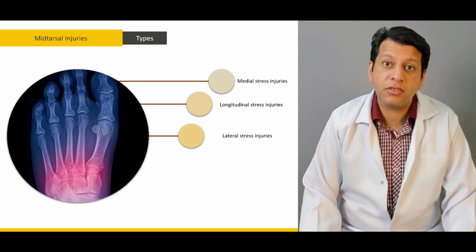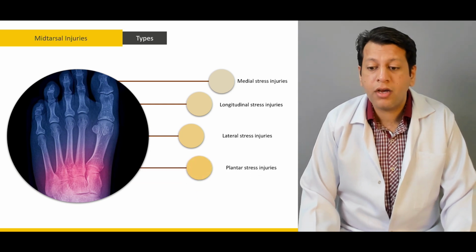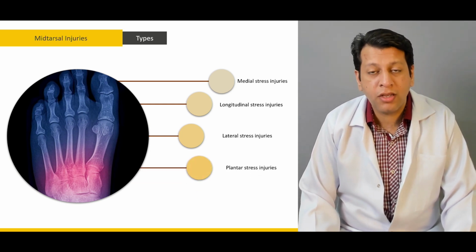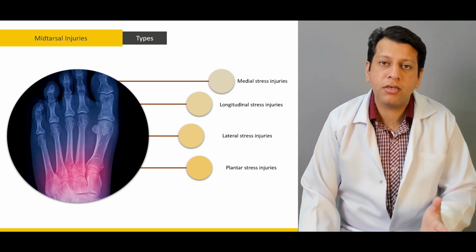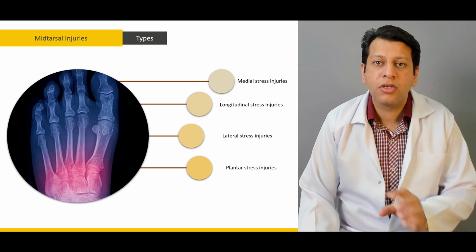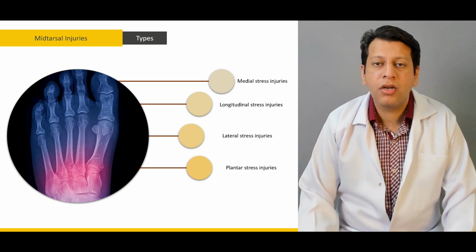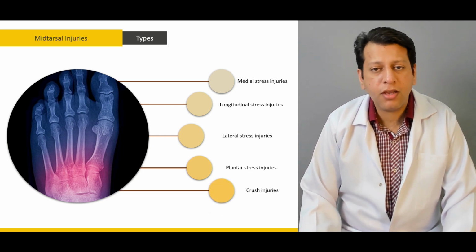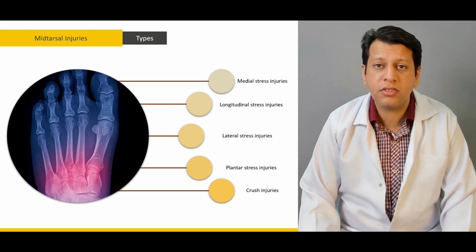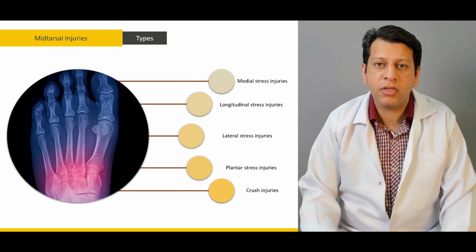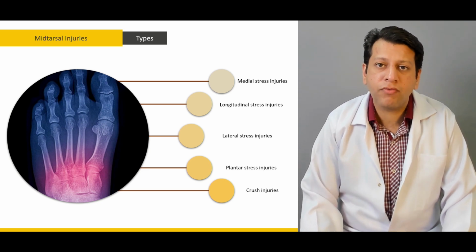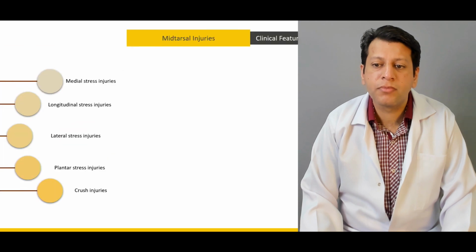There could be lateral stress injuries involving the cuboid, or plantar stress injuries as well, as there is a transverse arch formed between the medial and the lateral plantar arch. So this transverse arch could also be disrupted. This will result in crush injuries. In crush injuries, when a heavy object falls on the midfoot, this may lead to fractures and crushing of all the bones and ligaments.